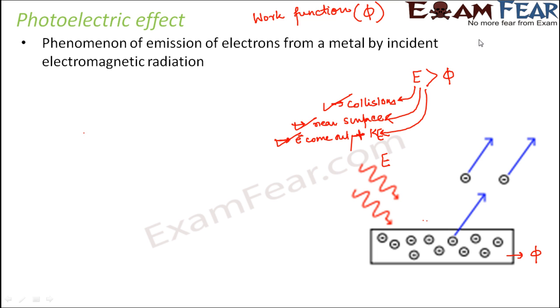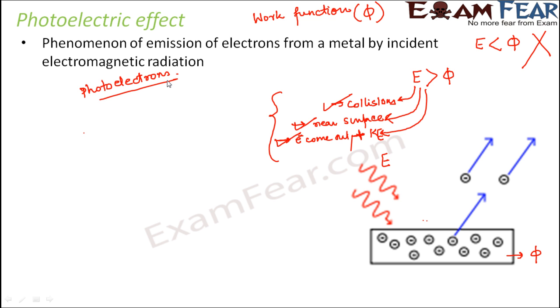Okay, now please understand that if the energy of the incident radiation is less than phi, in that case the photoelectric effect cannot take place. Okay, so now what we understand from all these three scenarios is this: the electrons which come out are termed the photoelectrons. So that's the name given to them.